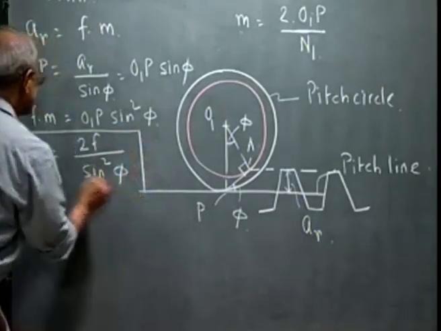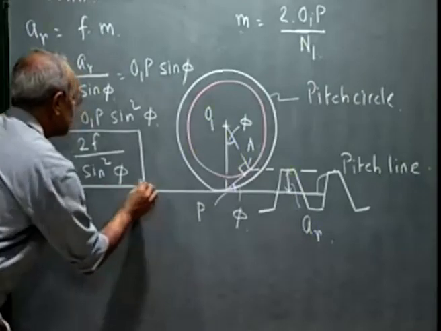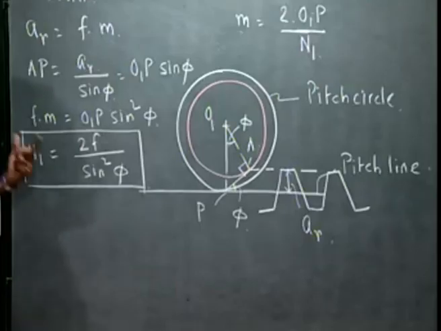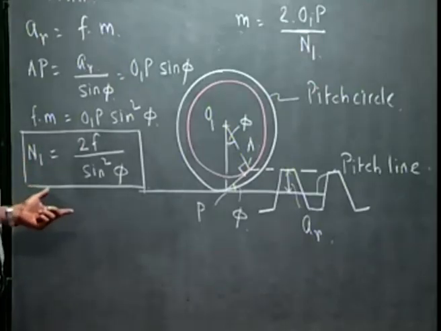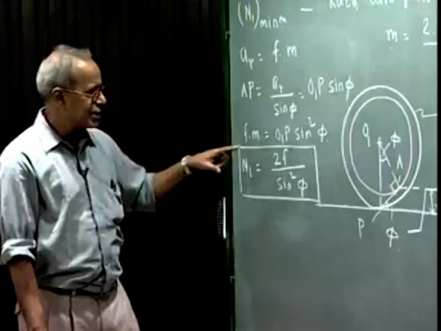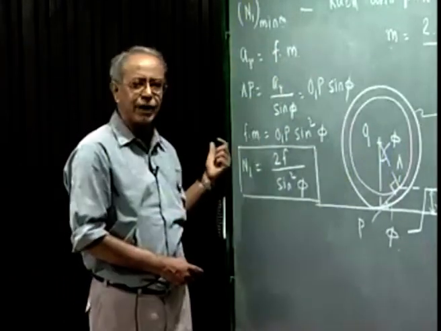This is the same expression that we got earlier by taking the limiting value from the expression of N1 minimum for a pair of involute gears. Next, we shall solve an example to show the application of this expression that we got for N1 minimum.